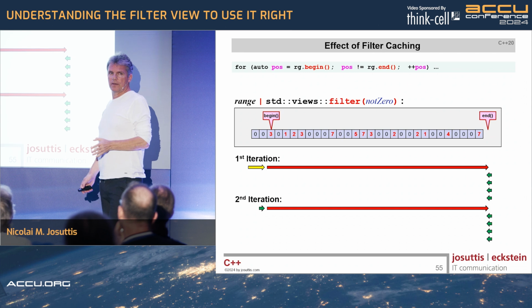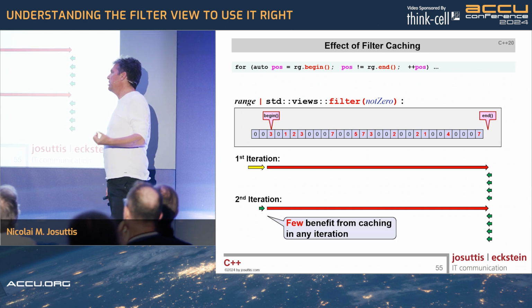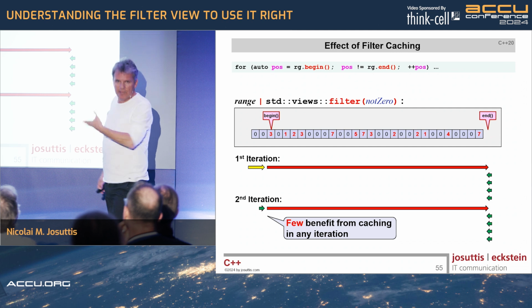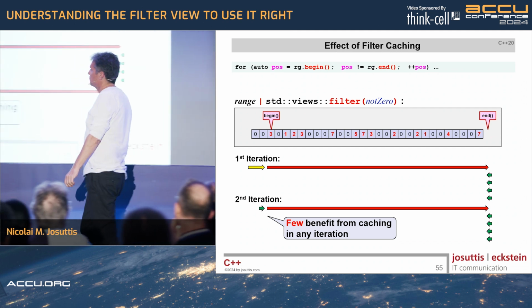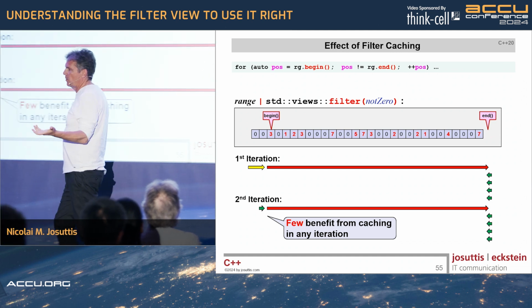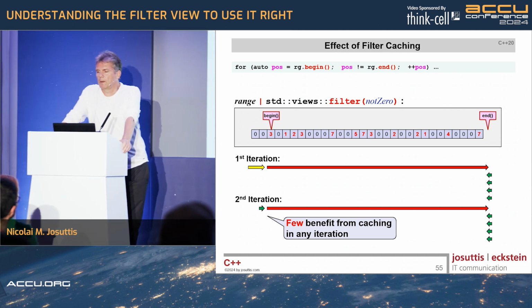Very different use cases can exist there. So we have few benefits from caching in such a use case. I would say in this case it's not worth it, but maybe I'm wrong, and it always depends.